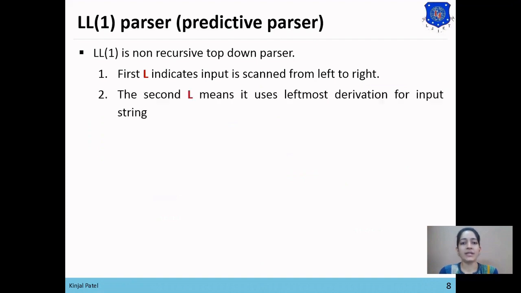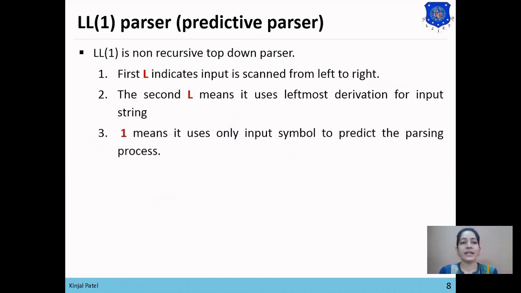Then second L means it uses leftmost derivation for the input string, as all the top-down algorithms use leftmost derivation. Then 1 indicates the lookahead, meaning only one input symbol is used to predict for the parsing process. Means the parser will make the decision by seeing only one input character.